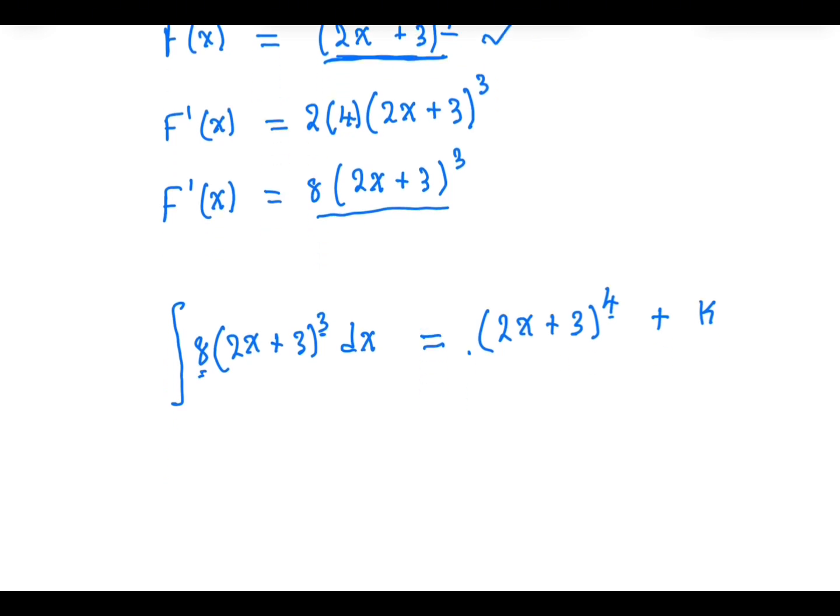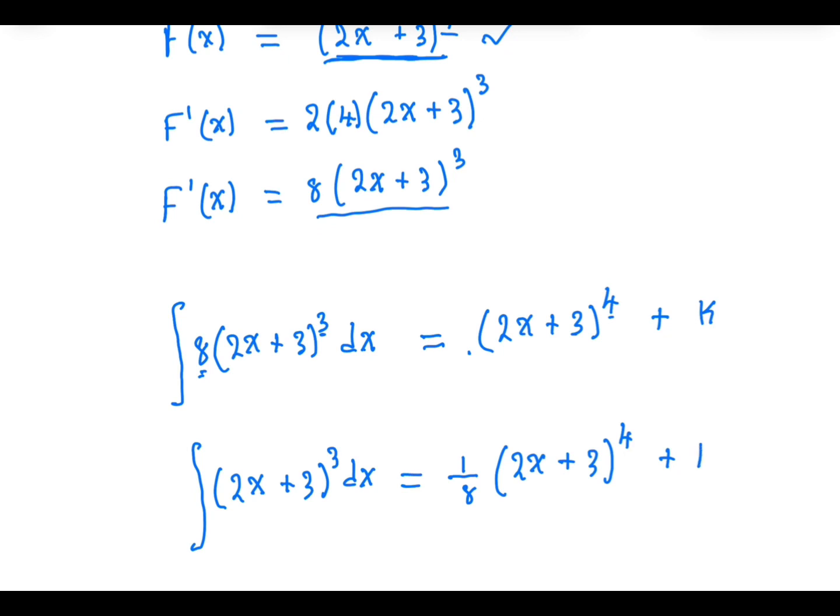So, in other words, it means that if I know that the derivative of a given function, 2x plus 3 all to the power of 3 with respect to x, is this, it is possible that the given function must be 1 over 8 into 2x plus 3 all to the power of 4 plus the constant k.